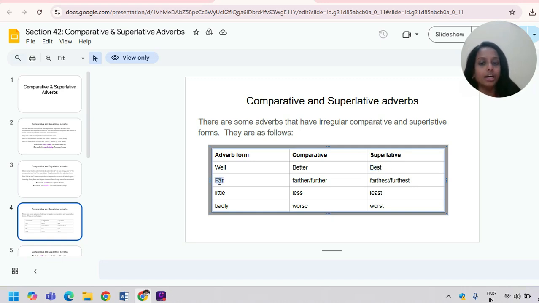Far, the comparative form is farther or further, and the superlative is farthest or furthest. Little, for this one, the comparative is less and the superlative is least. Badly, or for bad, we say it's worse and worst. Got it? Comparative is worse and superlative is worst.